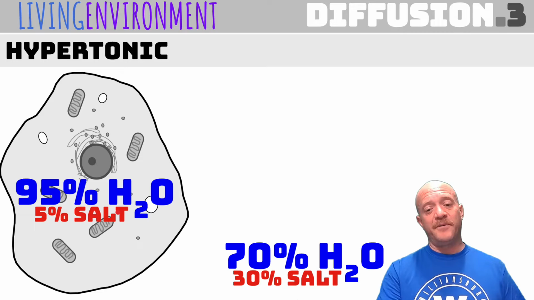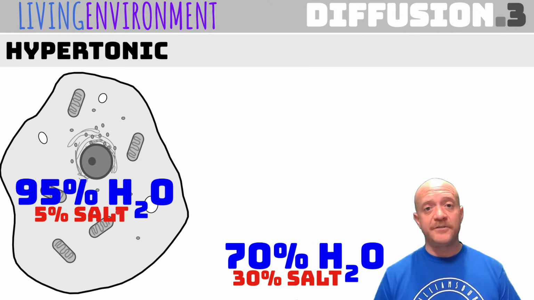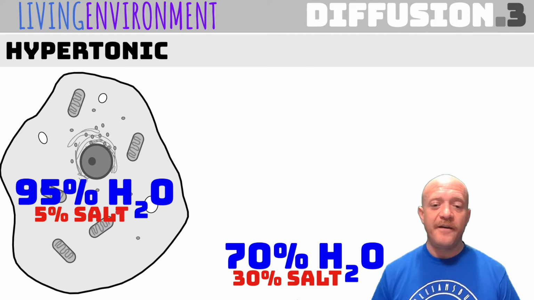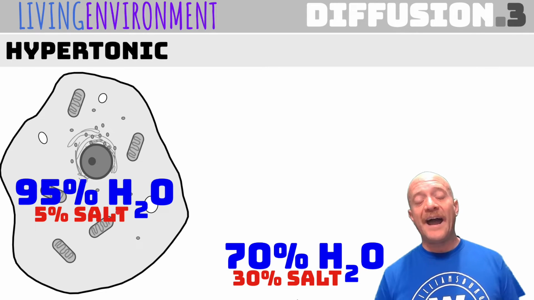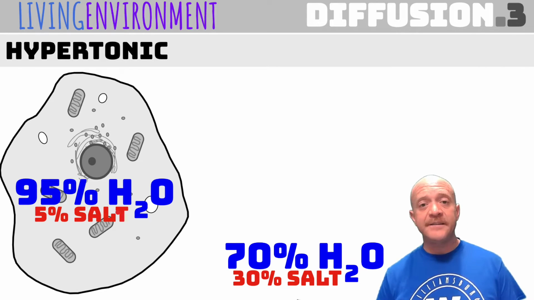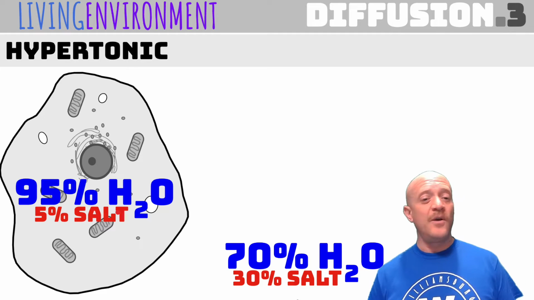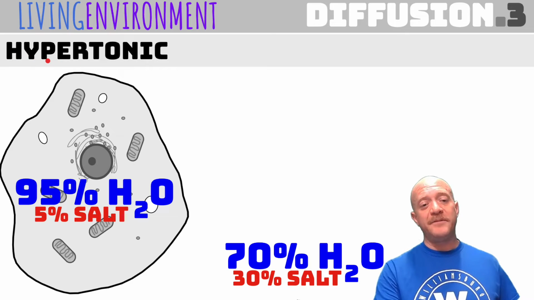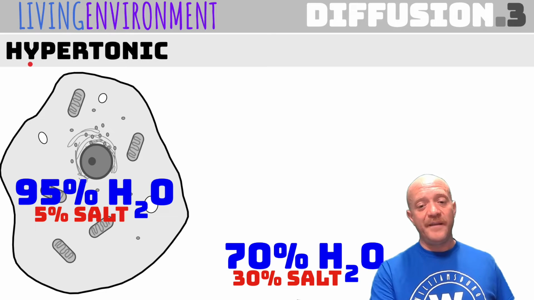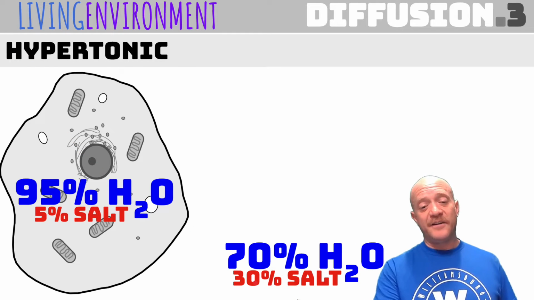So another example is a hypertonic solution, and that's when you have a low concentration of water and typically a high concentration of other impurities like salt or sugar or some other compounds. Hyper, you don't have to know it, but hyper just means high. So it would be a high salt concentration.